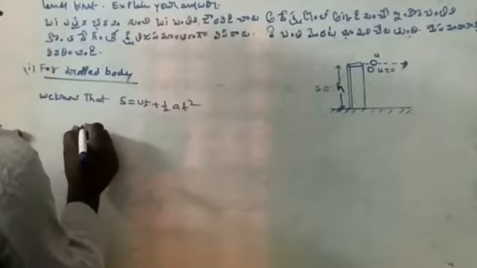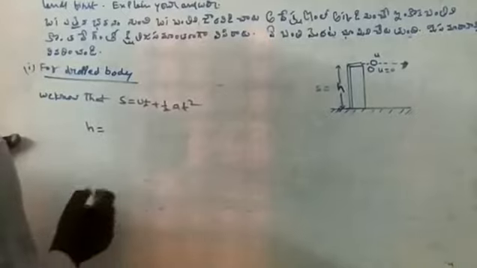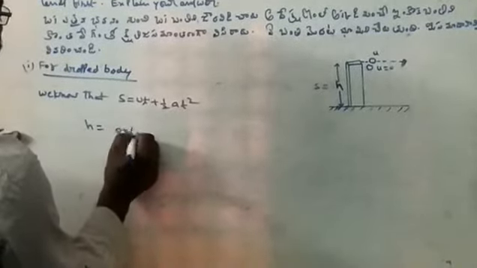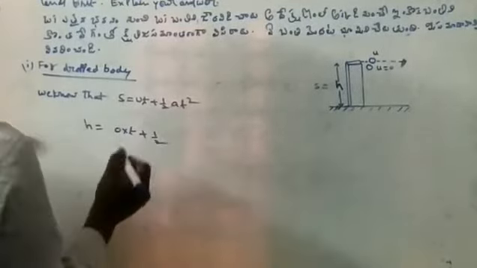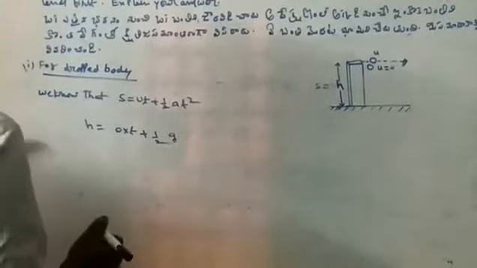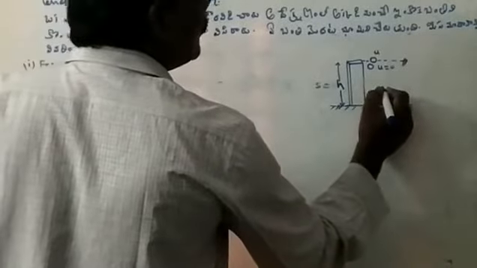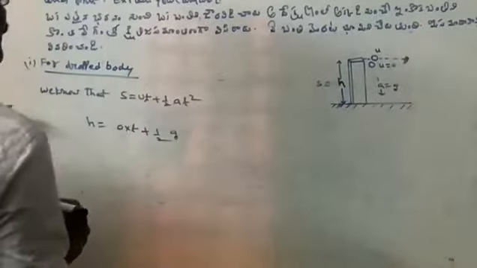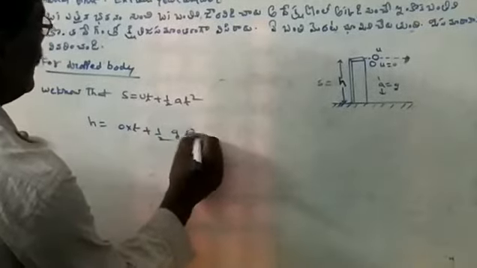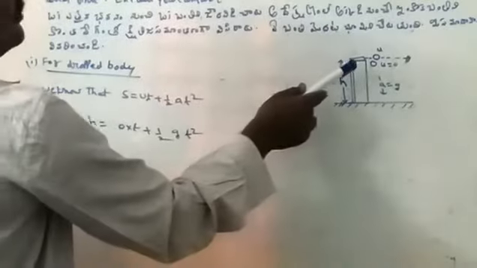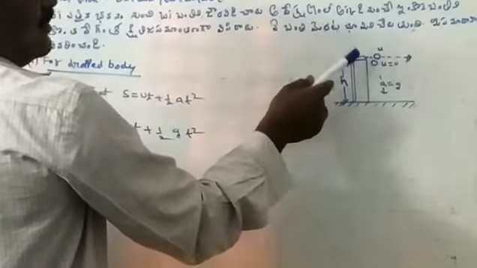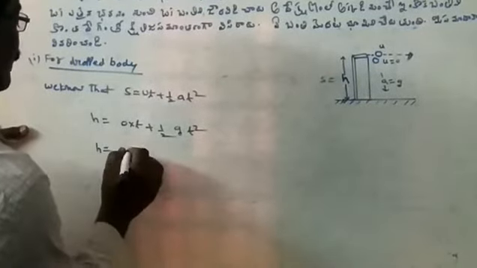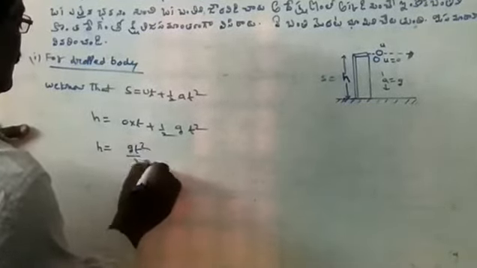The initial velocity of the first ball is u equal to 0, so s is equal to 0 into t plus half the acceleration g. In case of a freely falling body, a is equal to g. This gives the time taken from the top of the building to the ground. Simplifying, you get h is equal to g t square by 2.